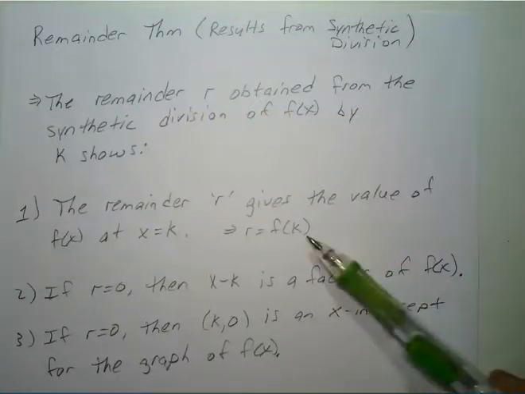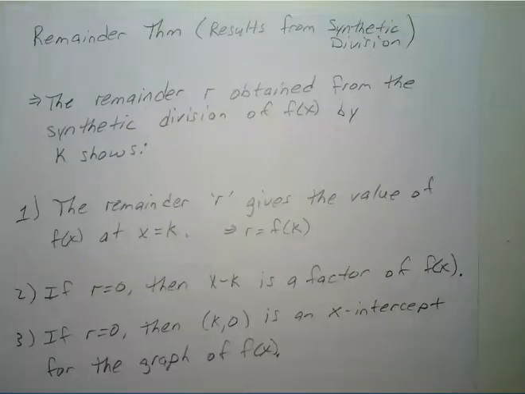So remember, f of k equals your remainder. But if r is equal to 0, then x minus k is a factor of f of x. Also, if your remainder is 0, then your k value and 0 is your x-intercept for the graph of f of x.